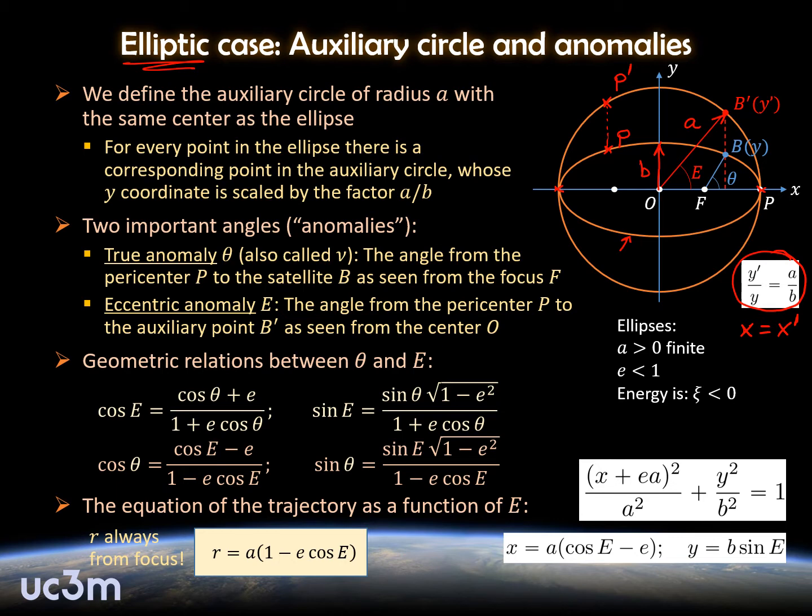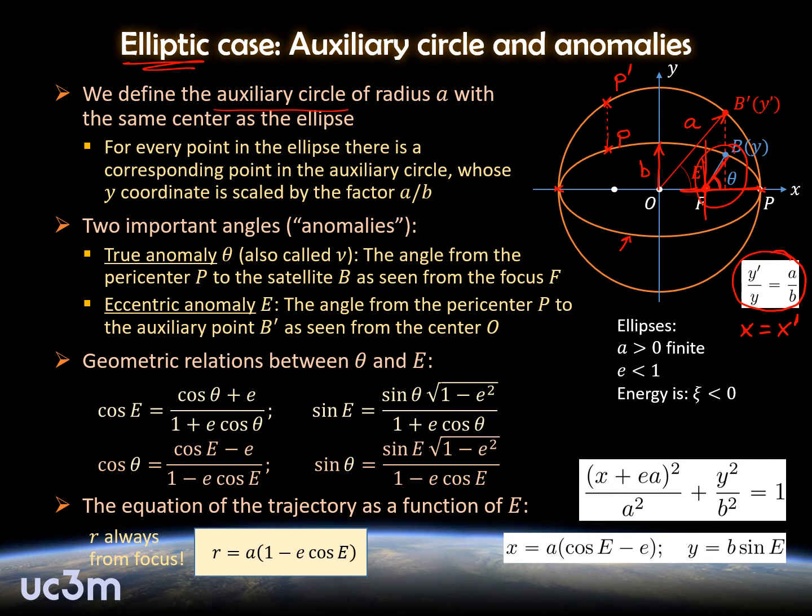This auxiliary circle is very useful for solving a number of things, but in particular it allows us to parameterize our ellipse in a different way than using the true anomaly that we had introduced before. Remember that the true anomaly is the polar angle taken from the active focus of the ellipse, this angle basically. In fact, we can define a different angular variable which allows us to represent every point in the ellipse and has some advantages.